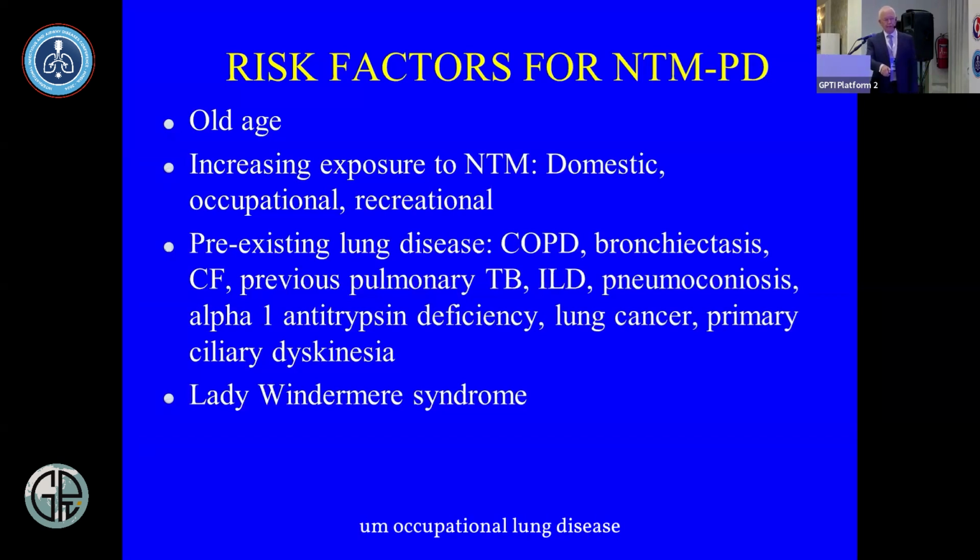Pneumoconiosis, which is the occupational lung disease, alpha-1 antitrypsin deficiency, lung cancer, primary ciliary dyskinesia, and other illnesses. There is this particular one the Americans are interested in, called Lady Windermere syndrome, which is a bronchiectasis that happens usually in the middle lobe and the lingula, the lobe on the right side and the lingula.